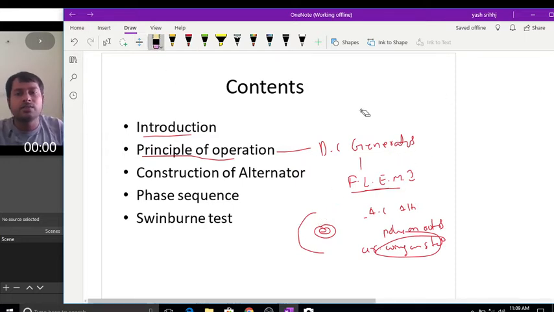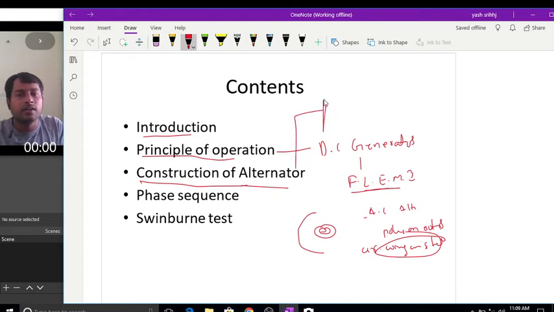So next one is construction. The construction of alternator: stator construction is having armature, and rotor is having poles. There are two types of alternators available. One is salient pole, and another one is non-salient pole alternators.